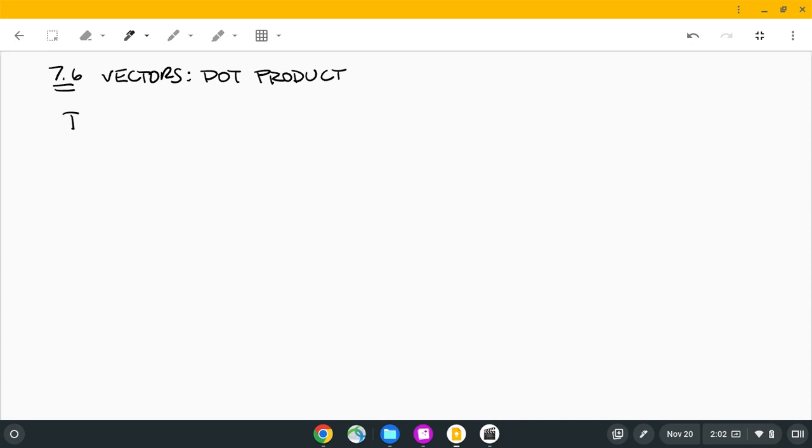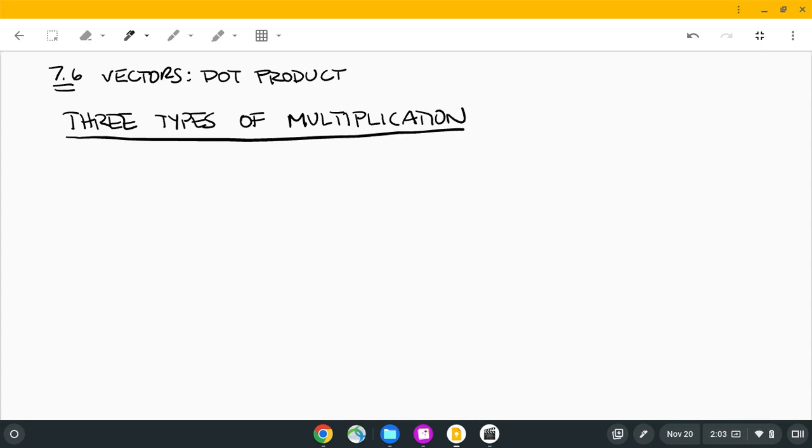So there are three types of multiplication when we're dealing with vectors. That's why we have to be specific when we're talking about what kind of multiplication we are doing. We have scalar multiplication, so we saw that, multiplying by a real number like 3.